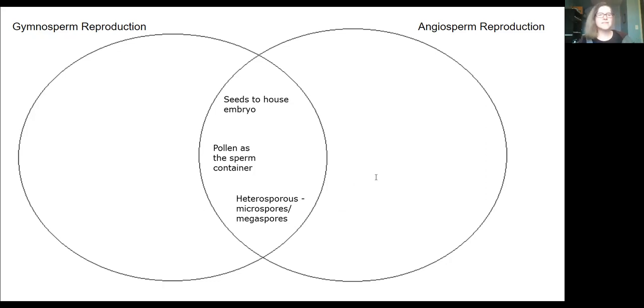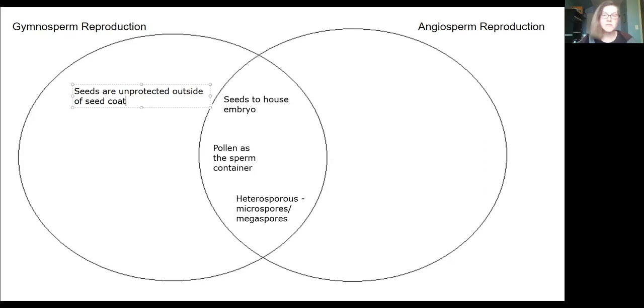All right, so what makes them different? Well, we had to backtrack to the gymnosperms to remember what their deal is. If you'll remember, gymnosperm means naked seed. And so in this case, seeds are unprotected outside of the seed coat.